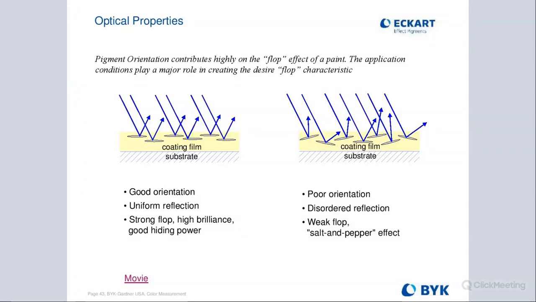It could look like it's standing up or sparkly on that angle. And really, you don't want to see sparkle on a flop angle. And it can also cause you to have bad hiding power because the flakes are orientated differently, and you may be able to see through to your primer with the orientation of your flakes being incorrect.